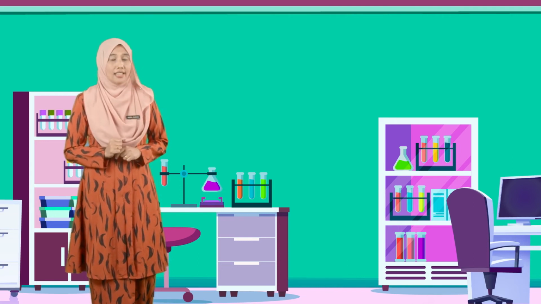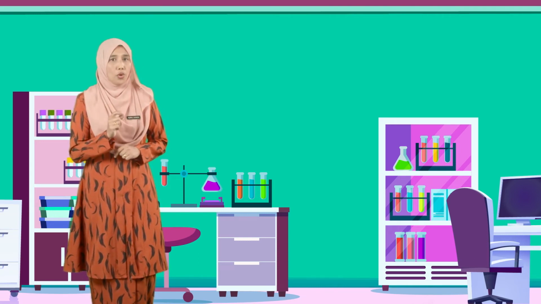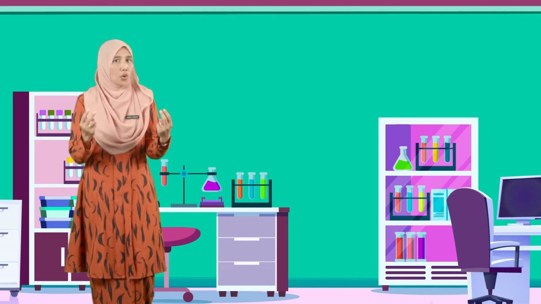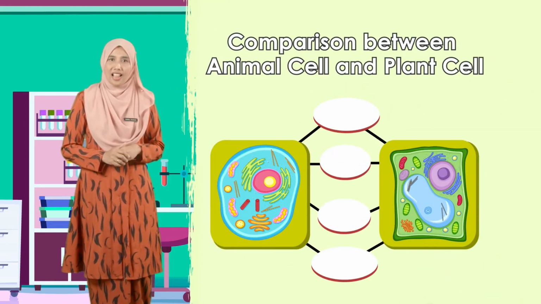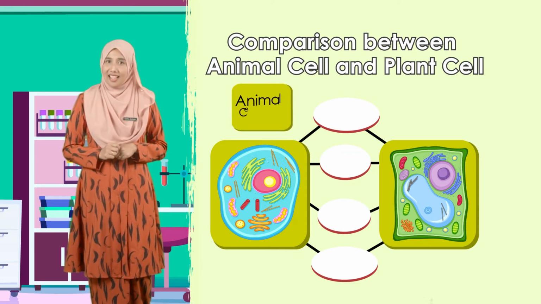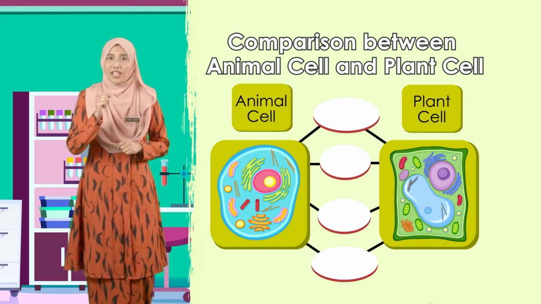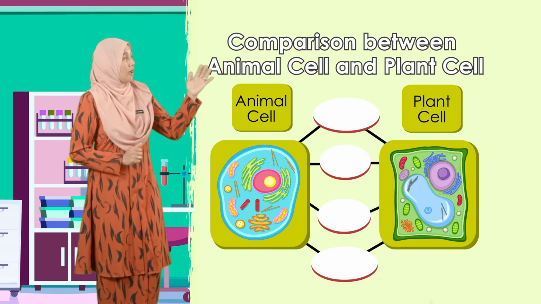Boys and girls, after you have seen the structures of both animal and plant cells, do you see any differences in both cells? Let's compare and contrast between animal cell and plant cell by using a double bubble map.